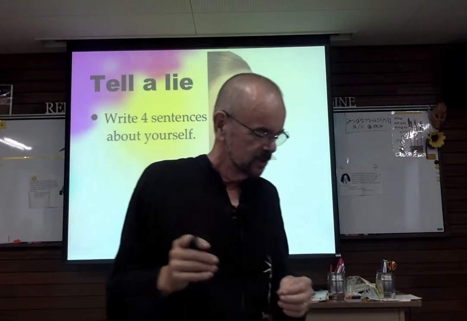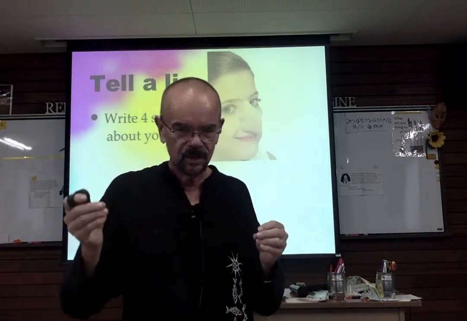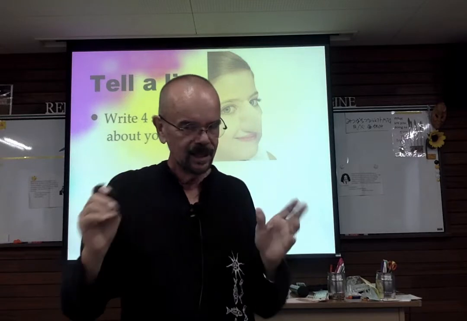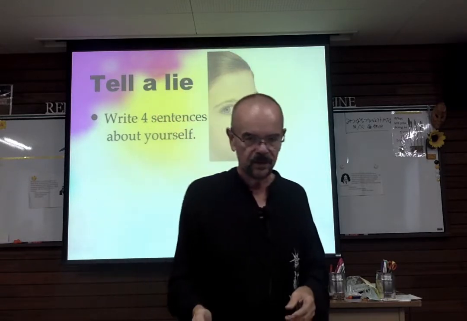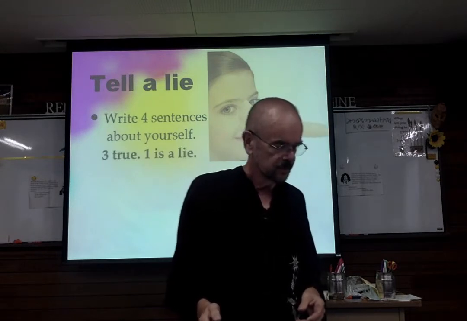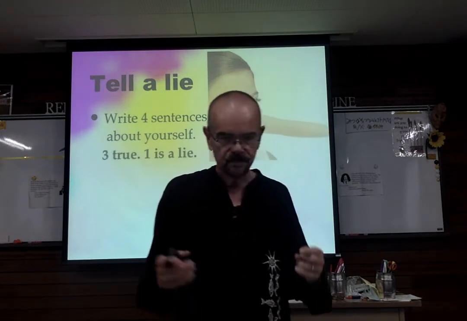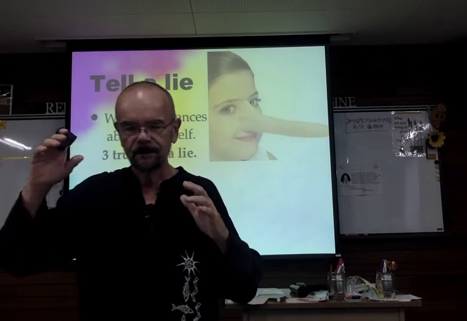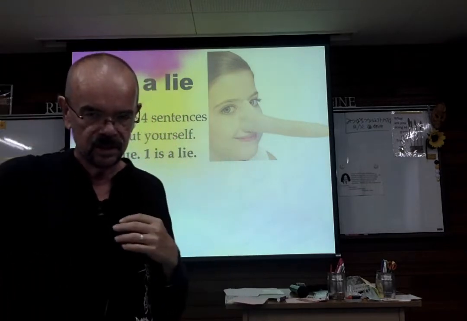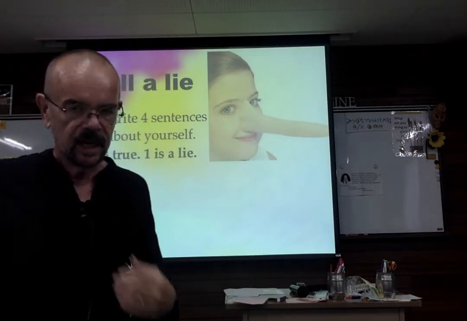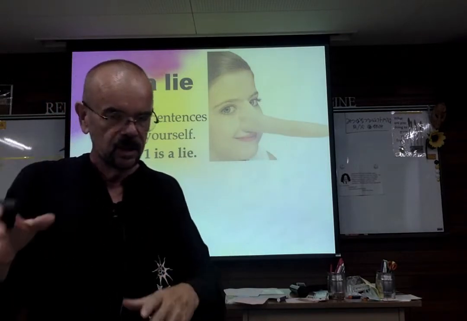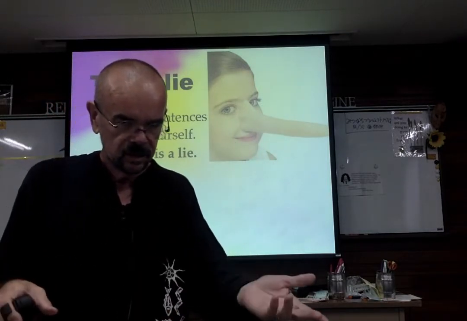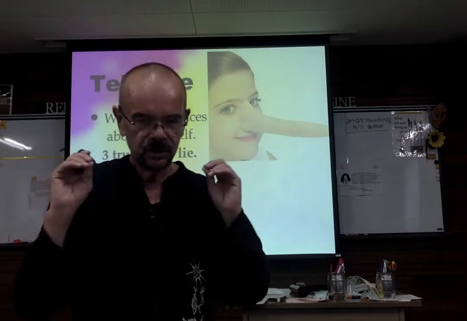Try to make it so the partner can't tell which is the lie right away. Okay? Now what I'm going to do is, in class I would do one as the example as the teacher, and then a peer dictation, a student-to-student dictation, where you would dictate your sentences to the others. I'll just do one example.